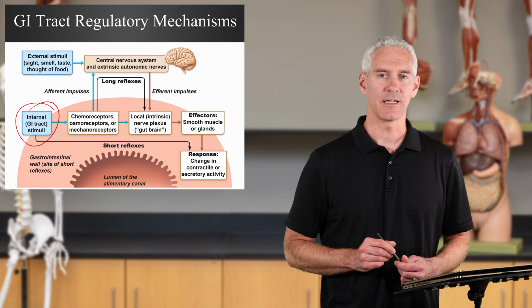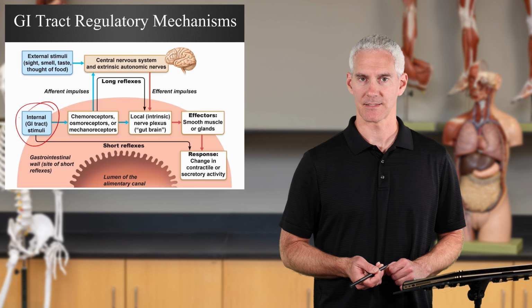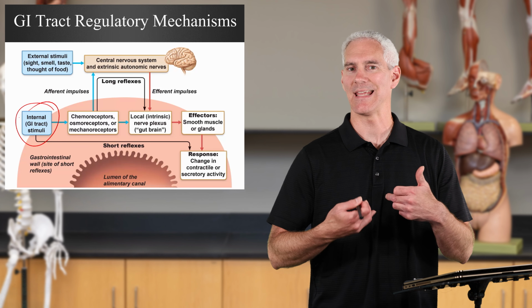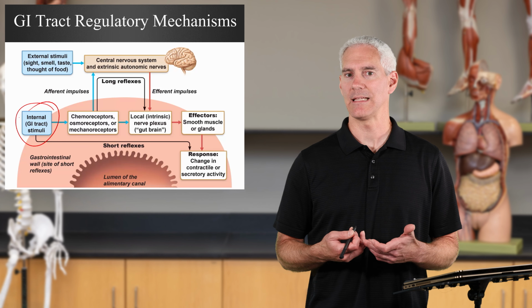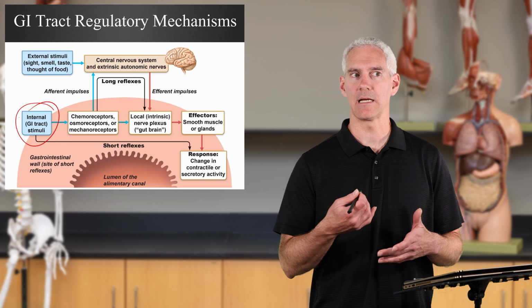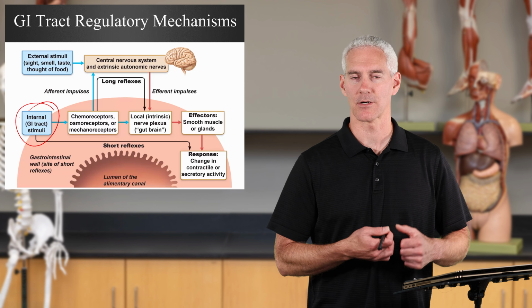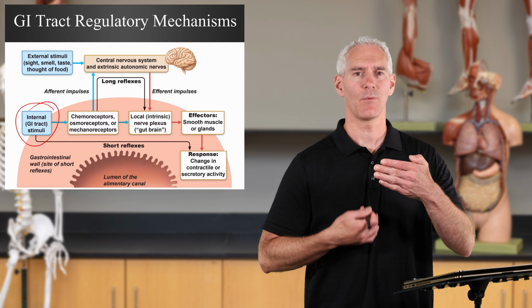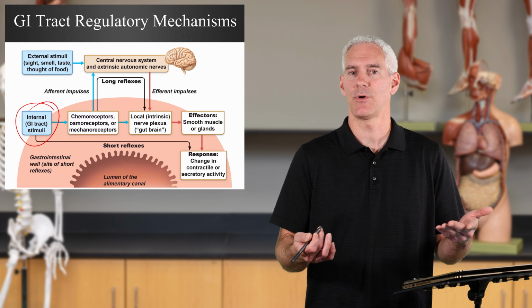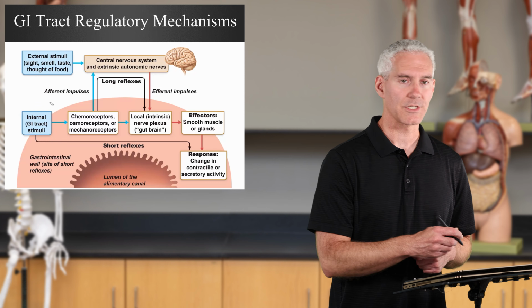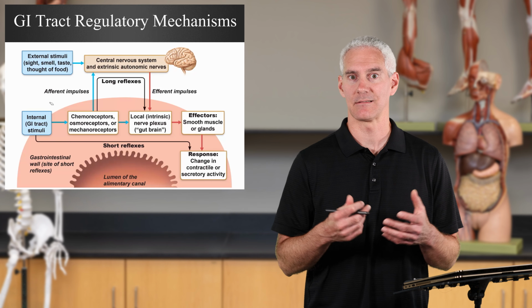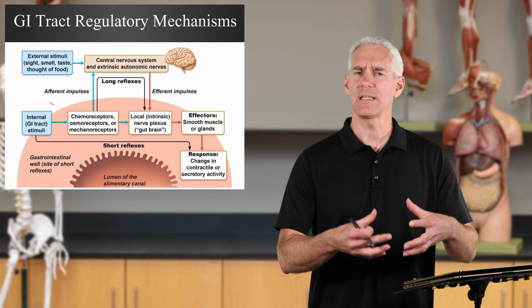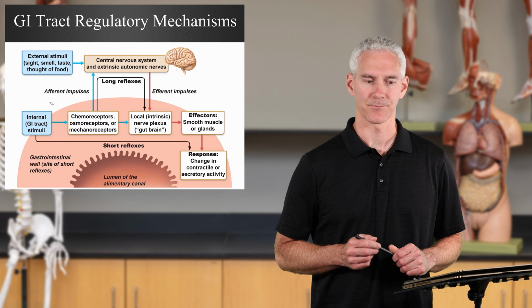This internal stimuli, this is the short reflex. It's things that respond within. So for example, if your chemoreceptors weren't picking up as many of a particular particle, that could tell your small intestines, hey, you might want to slow down the segmentation. We don't have as much here. Or if the stretch receptors picked it up and tells it what to do.